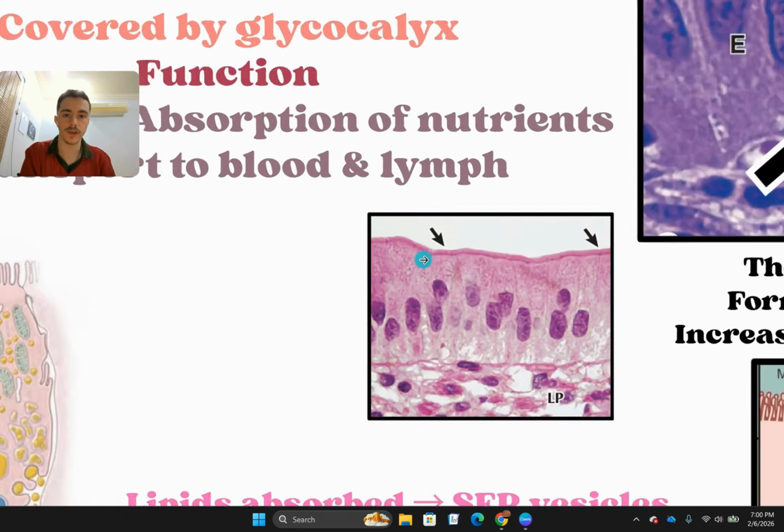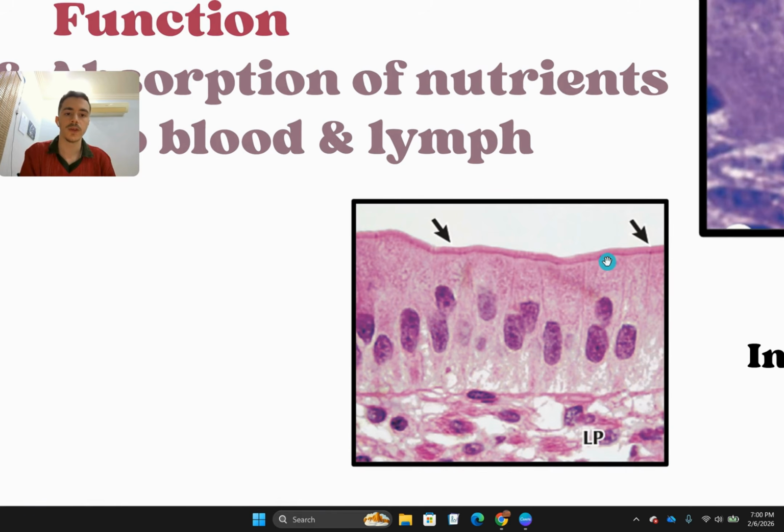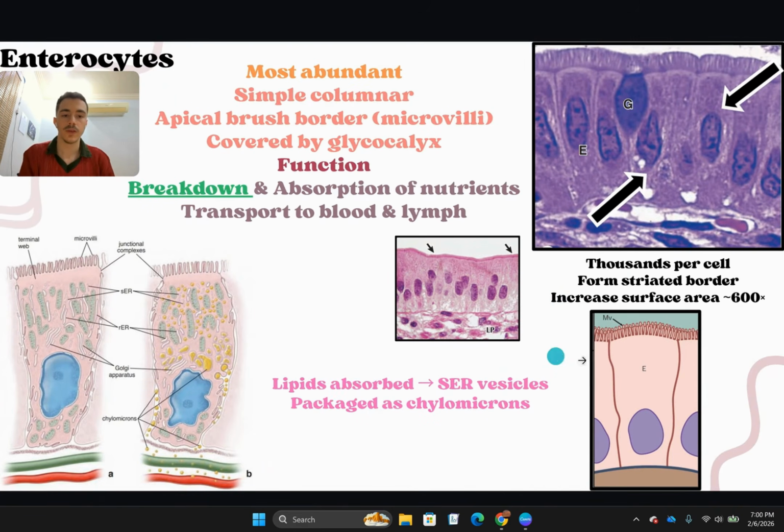The absorbed lipids go to the smooth ER vesicles and are packaged there as chylomicrons. This is just small information you need to know.